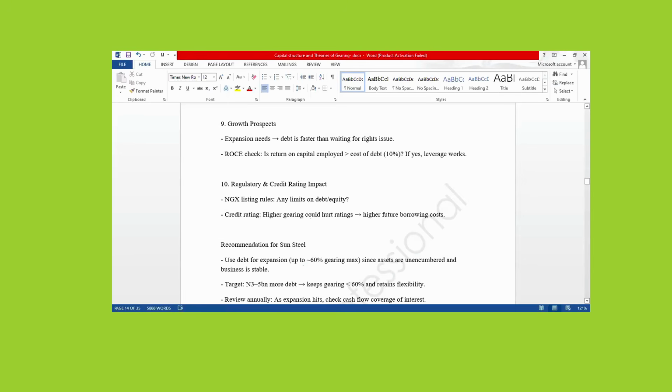We are going to look at these rules. If any of the rules limits borrowing or equity, this company is regulated under the Nigerian Exchange Group. So we are going to look at the listing rules. Is there any rule on the level of borrowing?